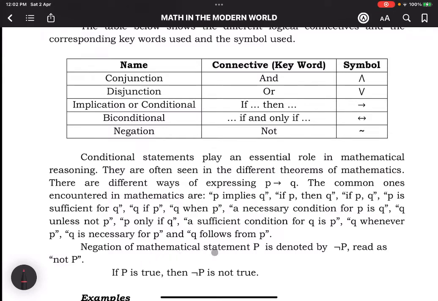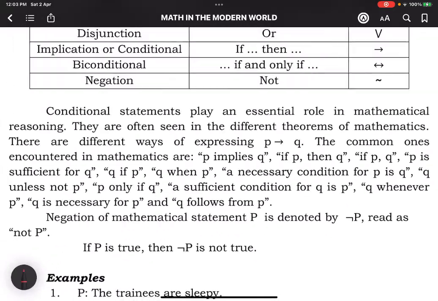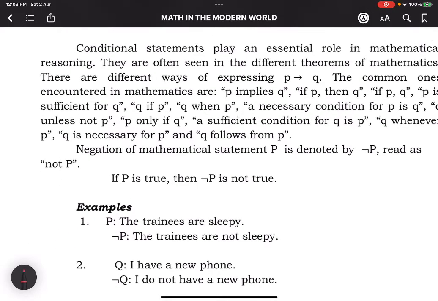The negation of a mathematical statement P is denoted by not P. This hyphen can also be replaced with this symbol. So the reading is "not P." If P is true, then not P is not true.